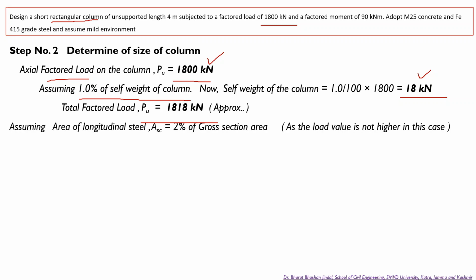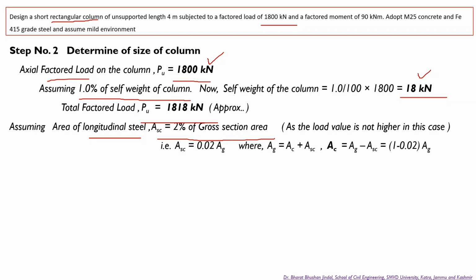Now we have to assume the area of longitudinal steel. We have assumed 2% of the cross-sectional area of the column as the area of longitudinal steel. So ASC is equal to 2% of AG, and AG is AC plus ASC, that is the area of concrete without steel plus the area of reinforcement.